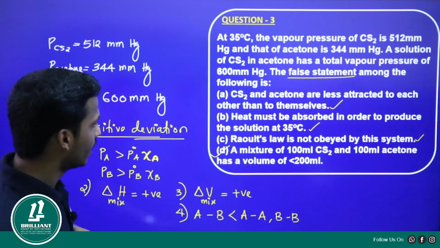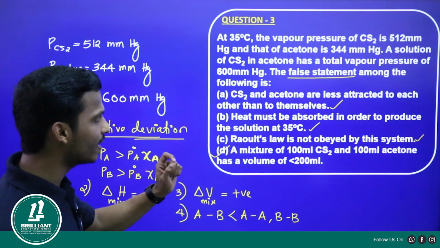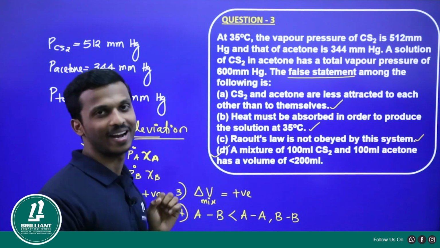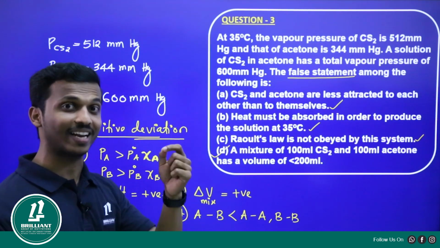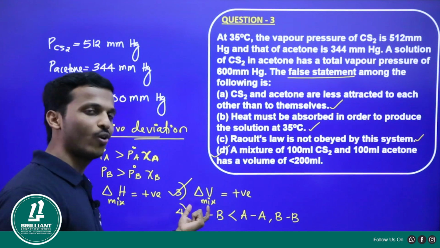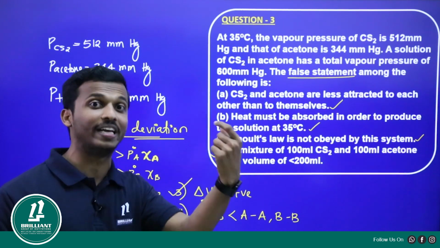Let us check it. The mixture of 100 ml CS2 and 100 ml acetone has a volume less than 200 ml. No, it should be greater than 200 ml. That we studied. During this mixing, the volume of mixing should be positive, right? It should be greater.